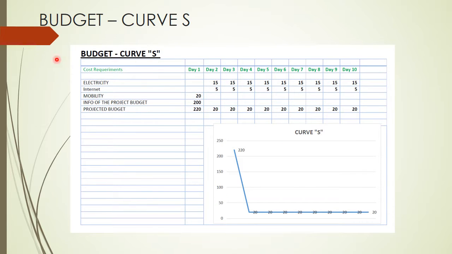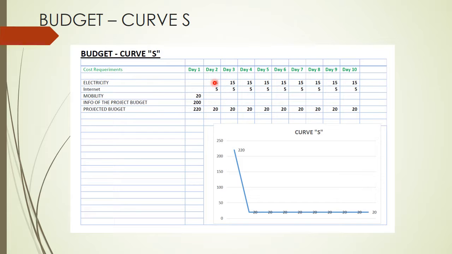Here, as you can see, here's the budget, the S curve, sorry. This is the cost requirements, taken in hundreds, day per day. We will have the cost of electricity. On day one, no, because we are just preparing all the stuff, so it's not going to be a cost on day one.